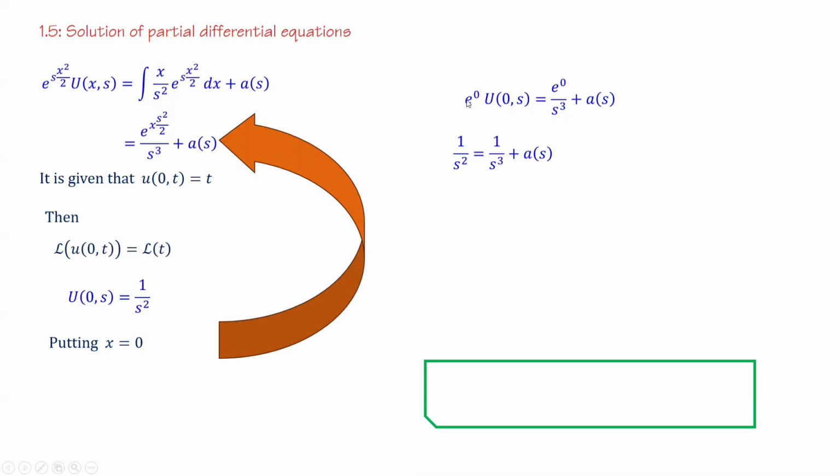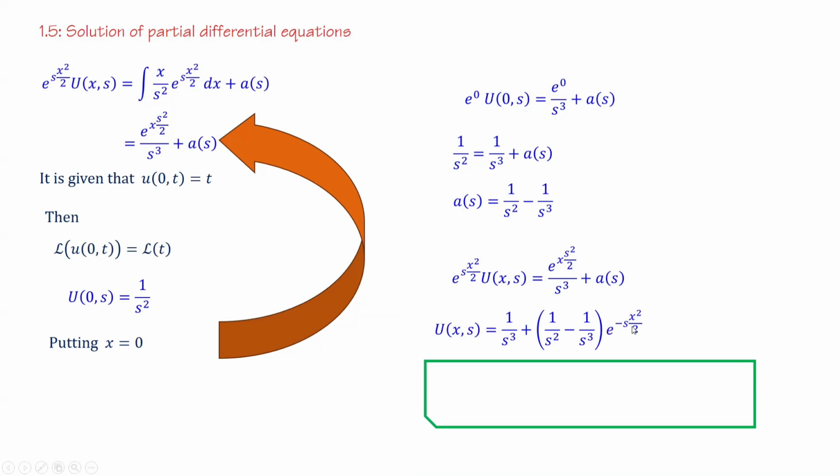So this one is 1 over s square, and this is 1 over s to the power 3 plus A(s). So this will give you A(s) equal to 1 over s square minus 1 over s to the power 3. And then finally you get the constant A(s). So we substitute it into the form, and after simplification you have this form.